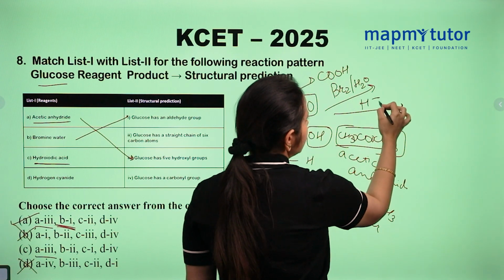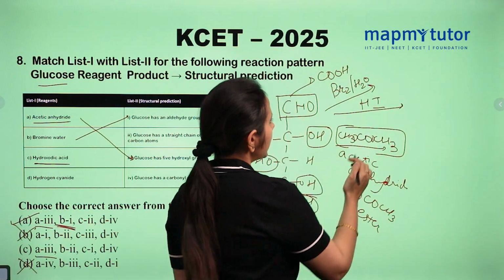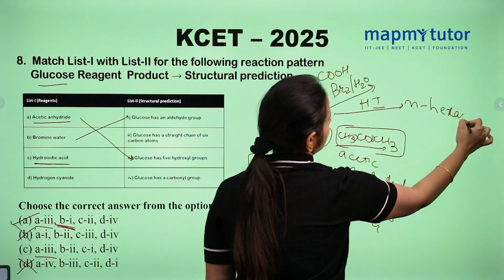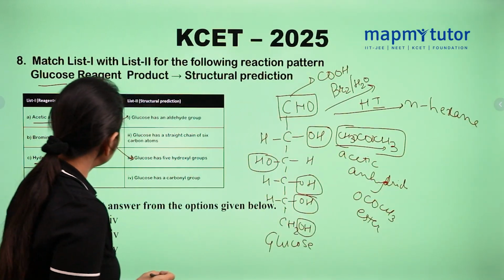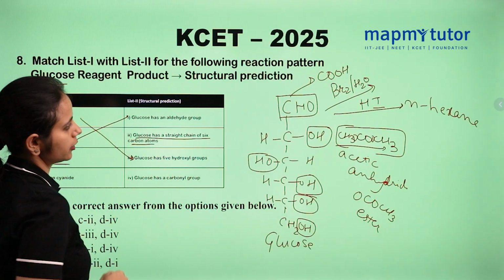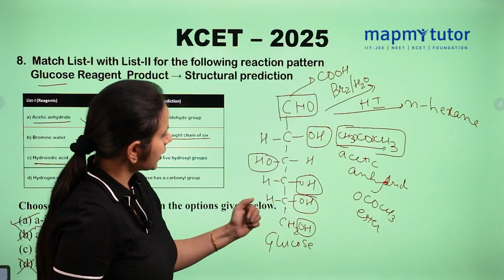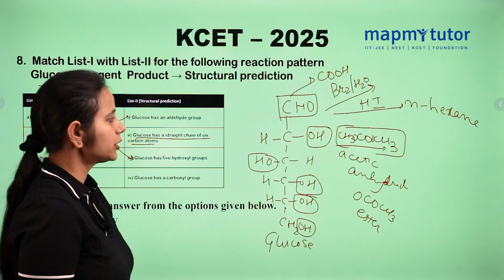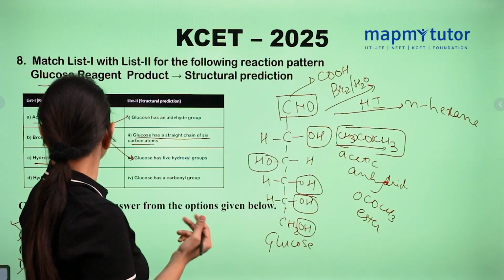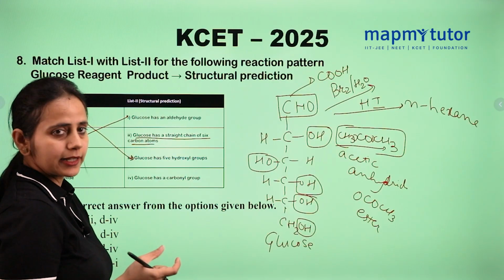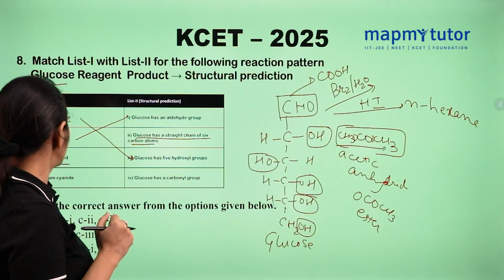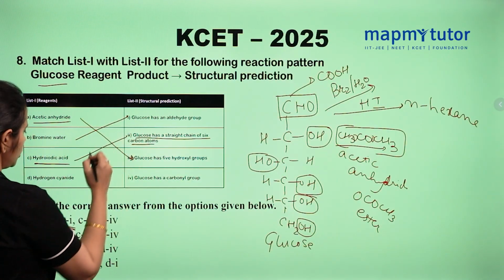For your knowledge, let's see what will happen if glucose reacts with hydroiodic acid, HI. On prolonged heating, glucose with HI will convert into n-hexane. Glucose has a straight chain of 6 carbon atoms, 1, 2, 3, 4, 5, 6. So C goes with 2.